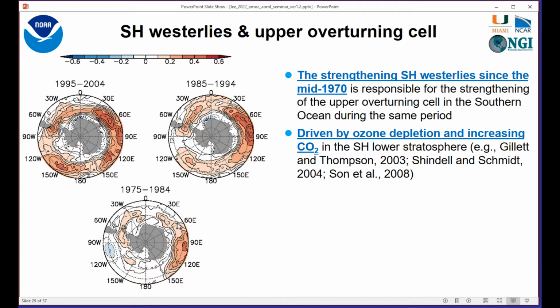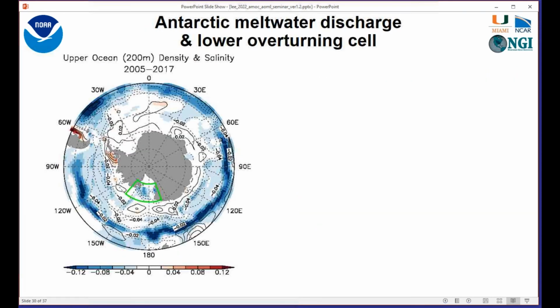Okay, so here's the summary. Let me just go quickly. We already talked about this. It's all about NAO, but what happened in the recent period, NAO cannot explain. So it seems to be some kind of adjustment coming from the Southern Ocean. So what caused all this in the Southern Ocean? That's the last question that we need to address. First of all, it is due to the increase in the westerly wind.